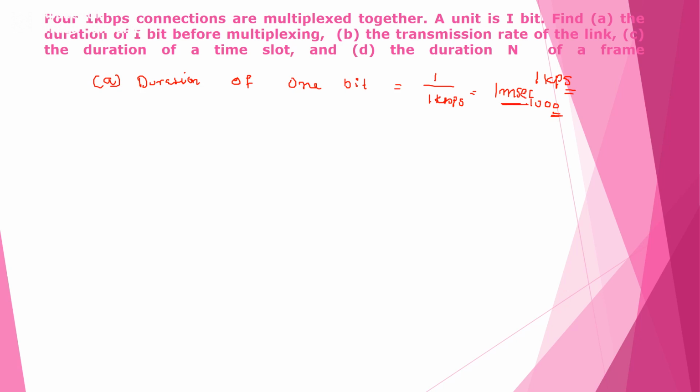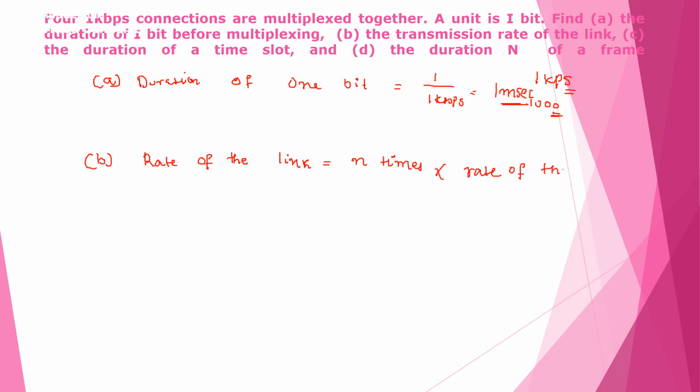The second one is the transmission rate of the link. Rate of the link will be n times faster than the rate of the connection.